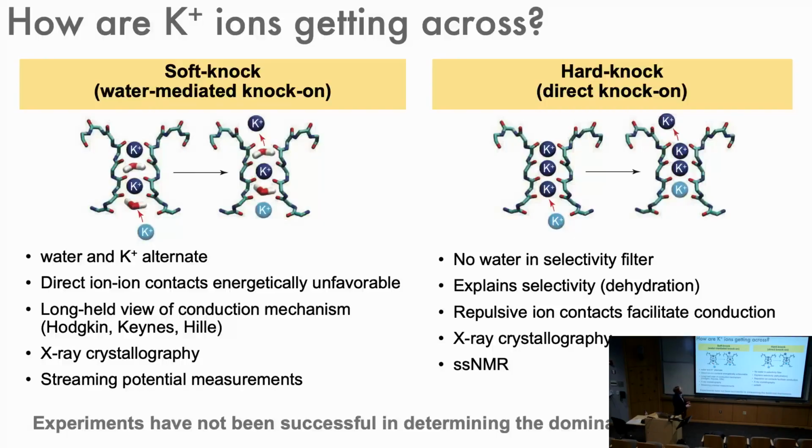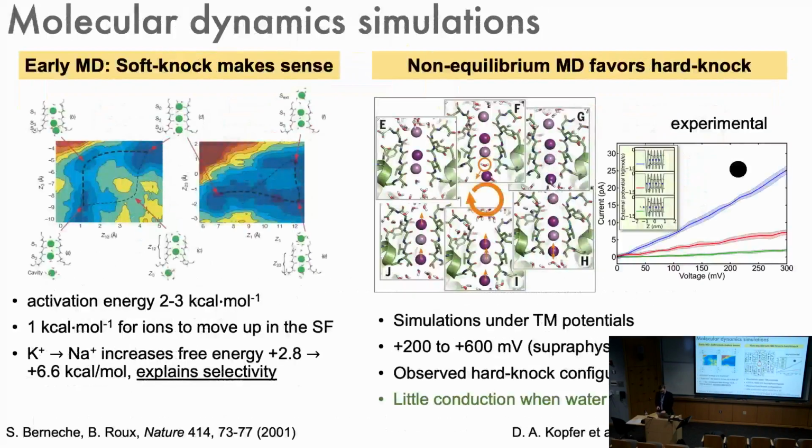However, in recent years, this mechanism has been challenged by MD simulation, some reinterpretation of X-ray data, and some NMR experiments that show that there is no water in the selectivity filter. So the question is which of these mechanisms dominates. The very early view was, as I mentioned in the previous slide, that soft knock dominates.